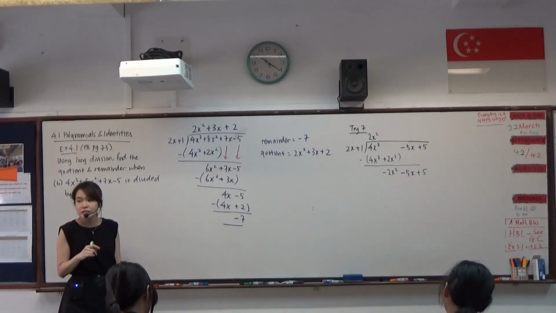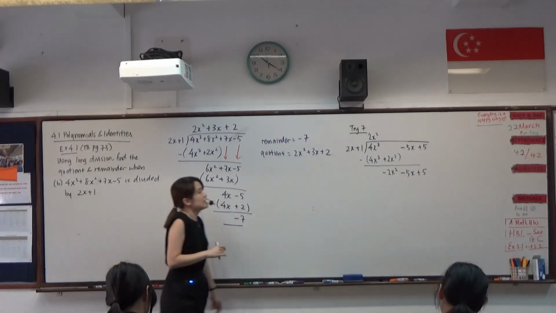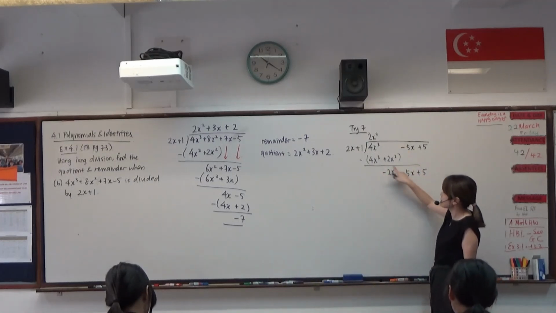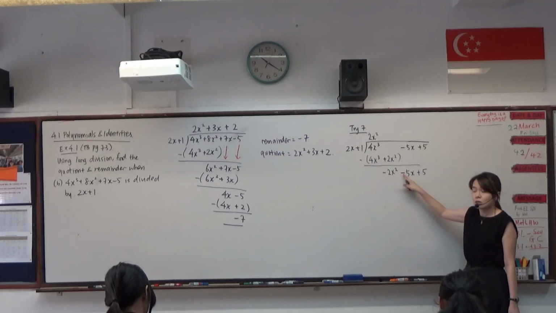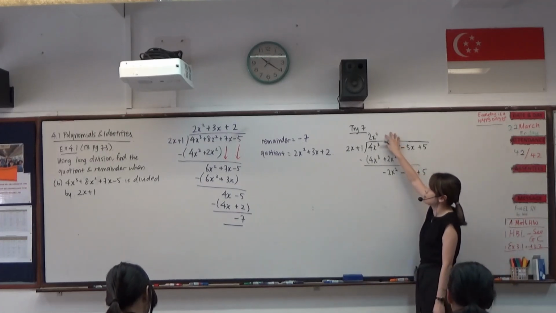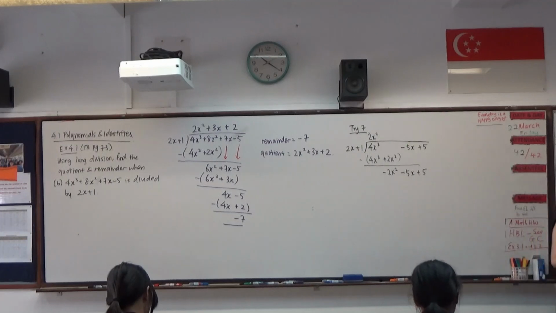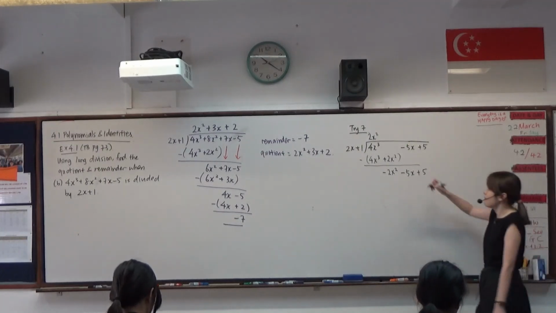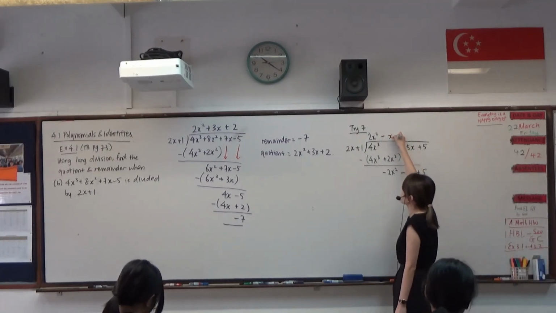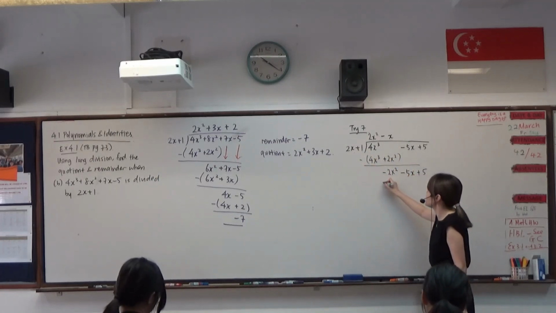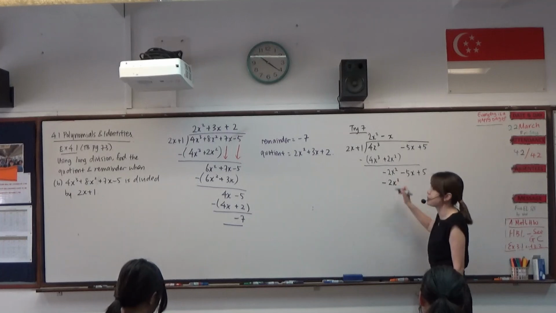Okay? Questions? Then after that, we need to again decide on removing this negative 2x squared. So what should I multiply to my 2x in order to get a negative 2x squared? I need to minus away x, right? So negative x times 2x will give us a negative 2x squared.